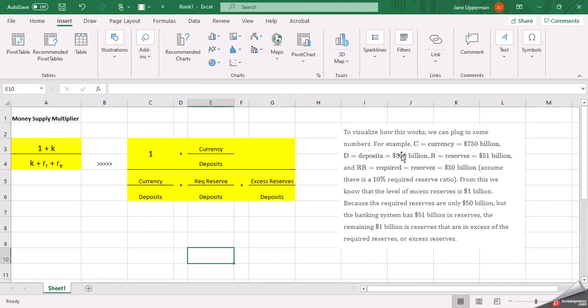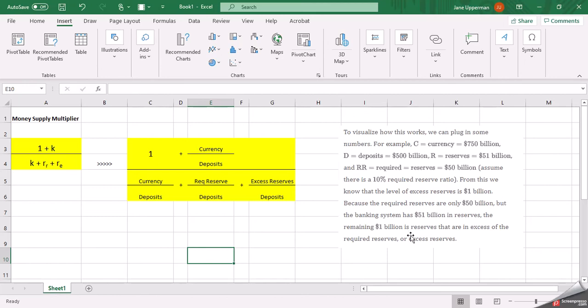Now for an example, again from our text. Say we have currency of 750 billion, deposits of 500 billion, reserves of 51 billion, and required reserves of 50 billion. Assume there's a 10% required reserve ratio.